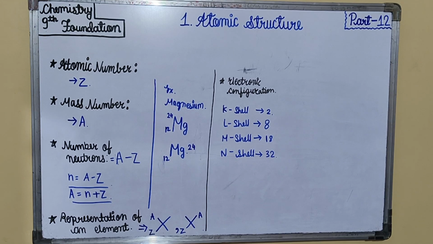Like this are the rules. In part 13, we'll see the electronic configuration of elements from 1 to 30. We'll learn their mass number, atomic number, and neutron numbers, and we'll see their electronic configuration.